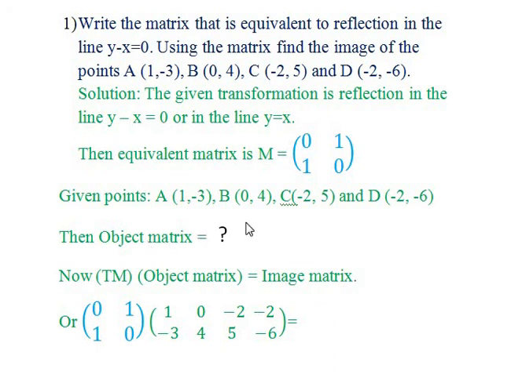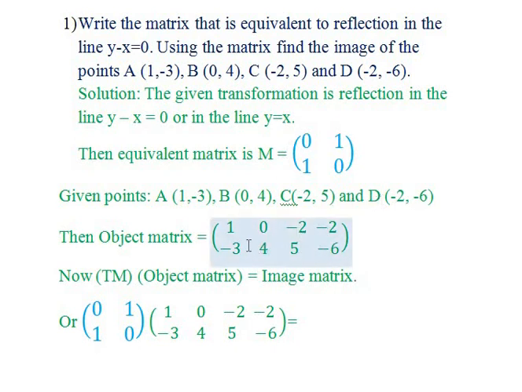Okay, so we have that form like this. The coordinate of A is (1, minus 3), so we have a first column 1, minus 3, another column is 0, 4, the third column is minus 2, 5, and the fourth column is minus 2, minus 6.